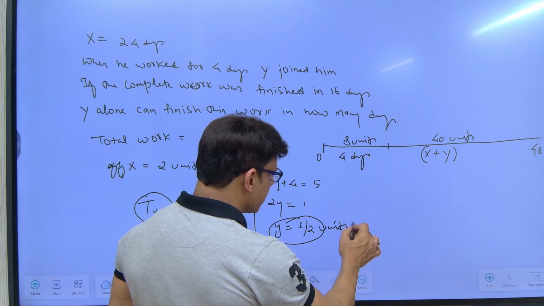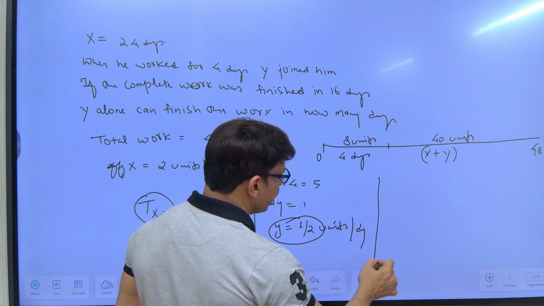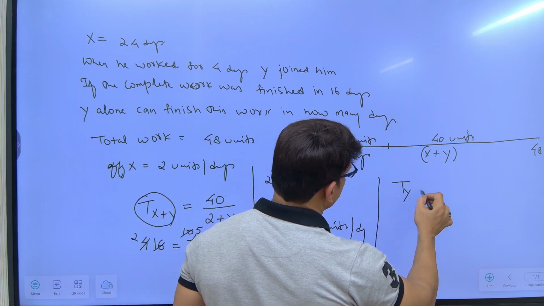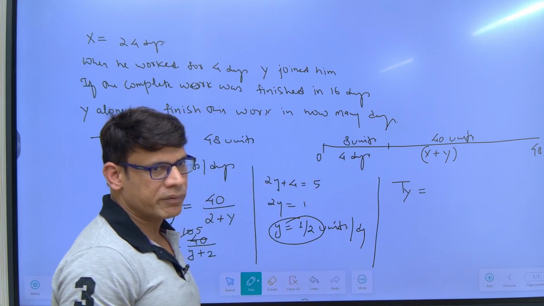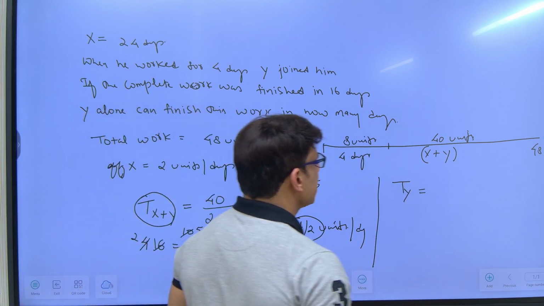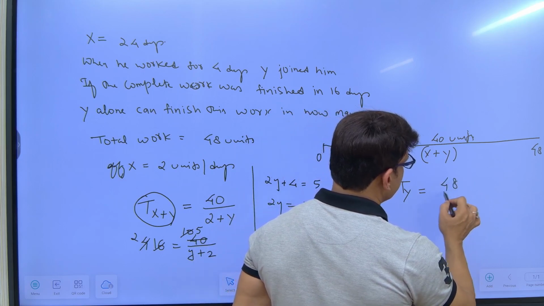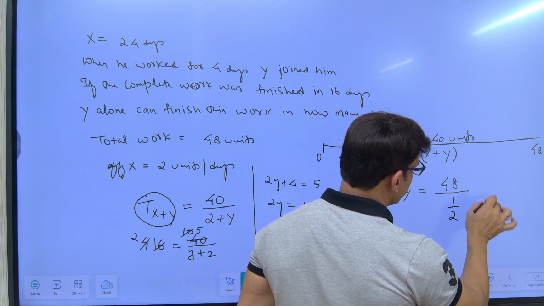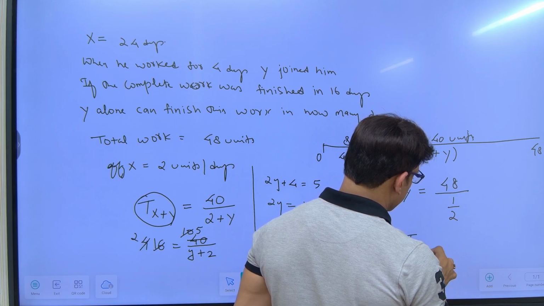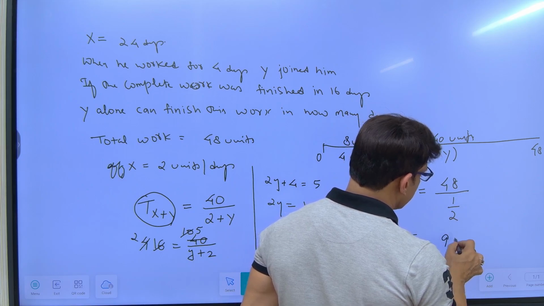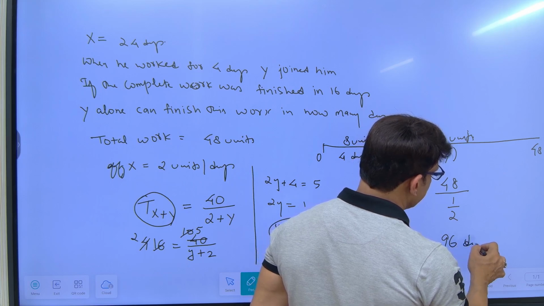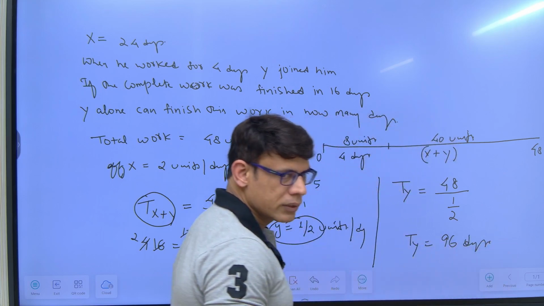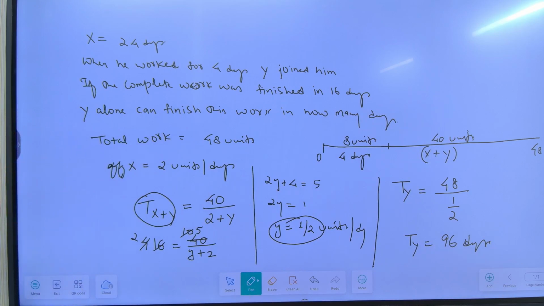Now, if Y has done this work alone, how many days would he have taken? So Y would have taken total work 48, efficiency is 1 by 2. 1 by 2 will go to that side. What? 96 days, right? He would have taken 96 days.